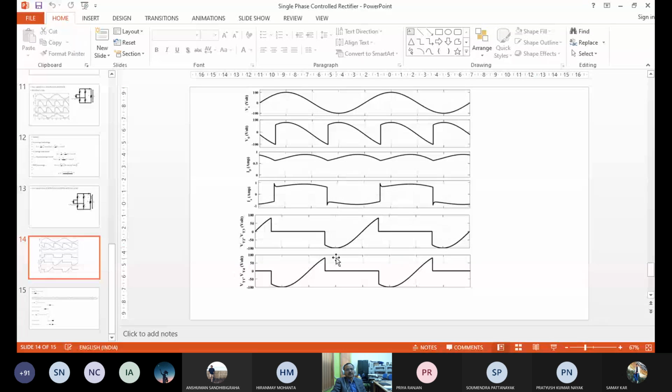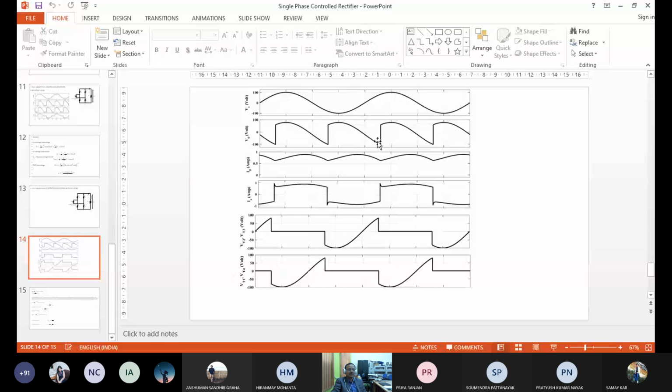That we'll see, not so important. Waveform and derivation will be the same, except that there will be a center tap transformer and 2 switches. Otherwise, all the waveforms will be the same, and the peak inverse voltage will be twice Vm. Because from the top to the center it is Vm, from the center to the lower point it is Vm, so 2 Vm.